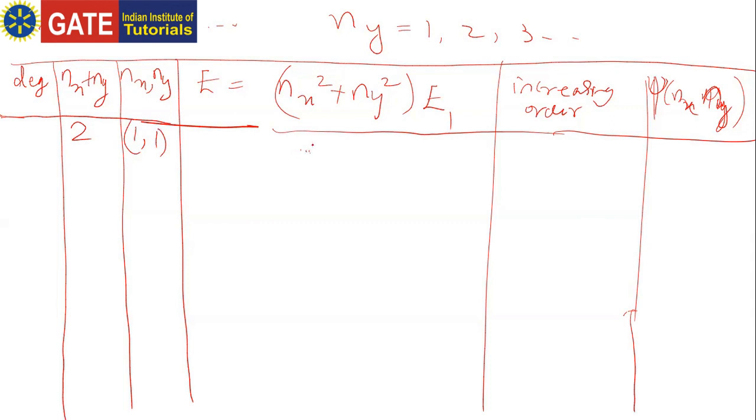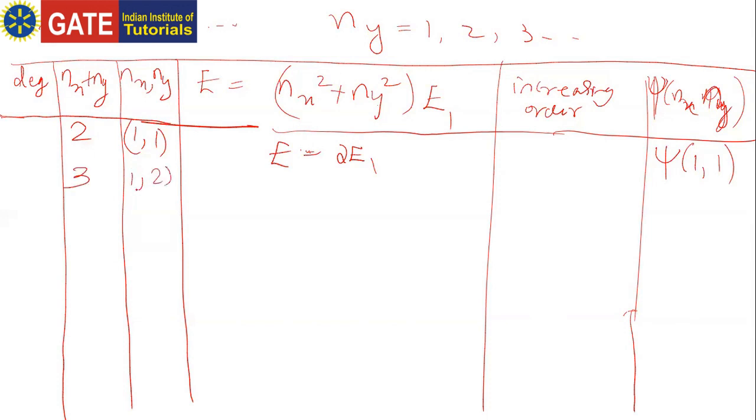Energy equal to nx square plus ny square, 2E1. Now this column keep it as it is. No need to write anything. Here psi nx ny, psi 1 1. Clear? Next possibility nx plus ny is 3.